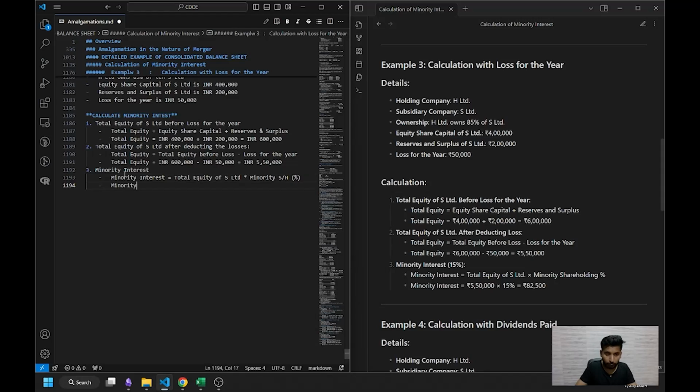Which says that the minority interest is equal to INR 5 lakh 50,000 multiplied by 15%. That is equal to 82,500. Okay.